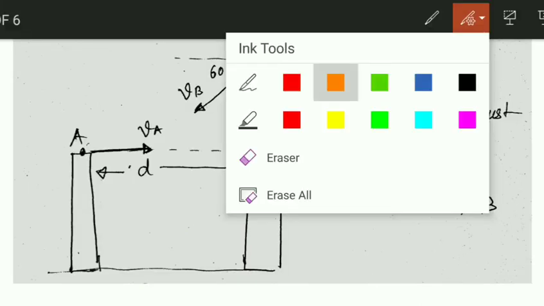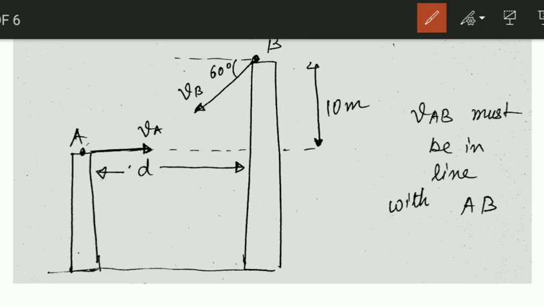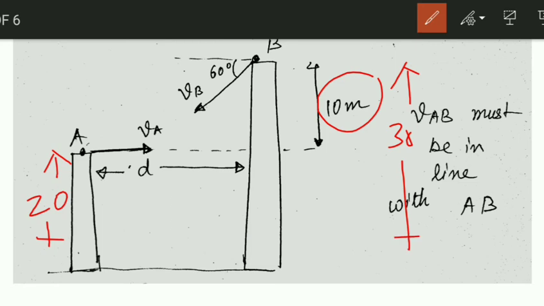First of all, let's rearrange the terms. See, the height difference is 10 meter. This is 20 and the full is 30. So the height difference is 10 and this is d. This is VA and this is VB.